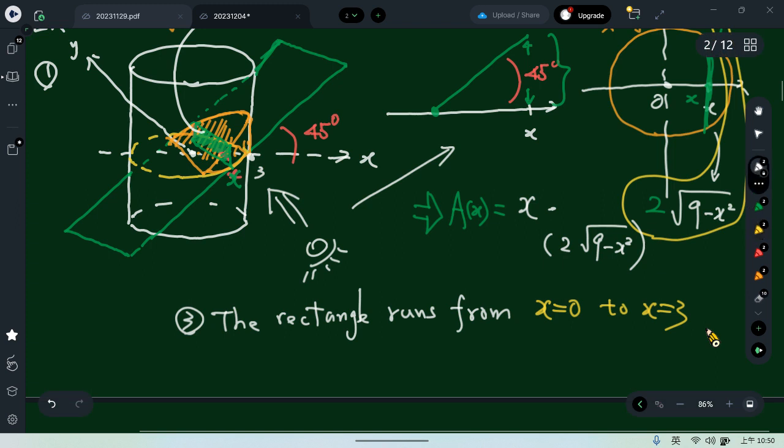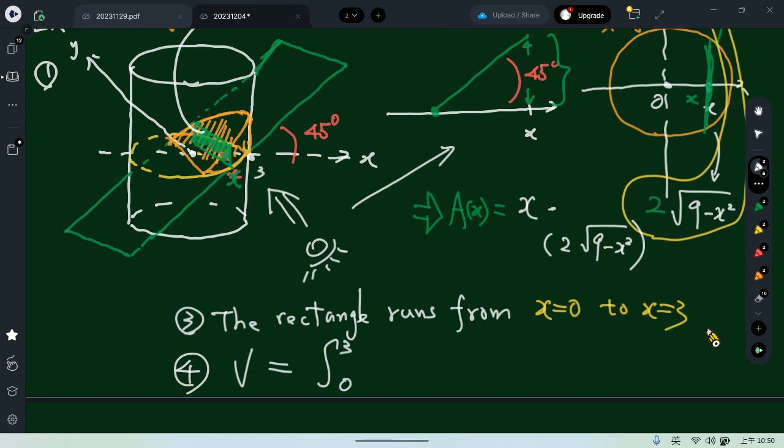So the next thing we need to do is we can get the value from 0 to 3, x times 2 times the square root of 9 minus x squared dx. And finally, you can find the result is 18.